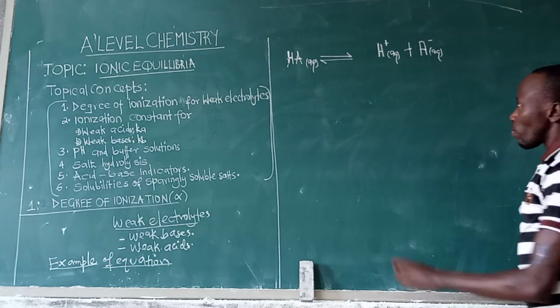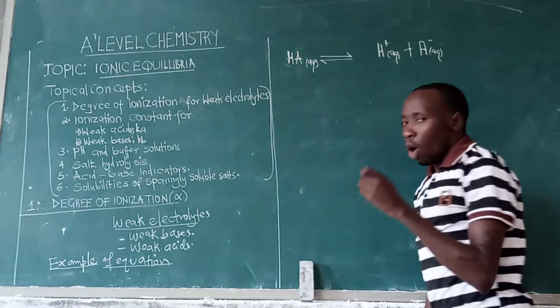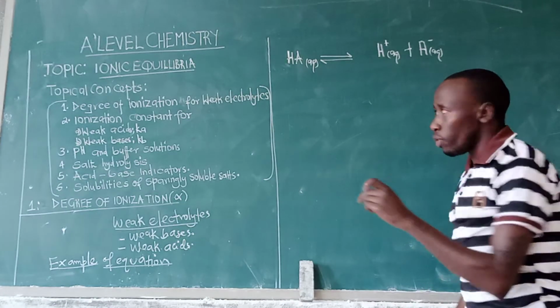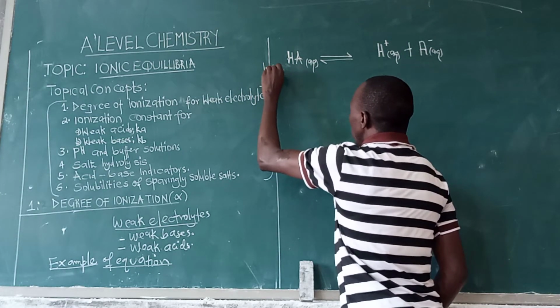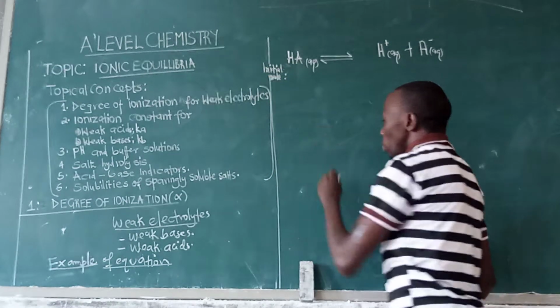the conjugate base. Here we need to know the initial number of moles, because we are interested in determining the degree of ionization. We need to know it by virtue of what we are given.